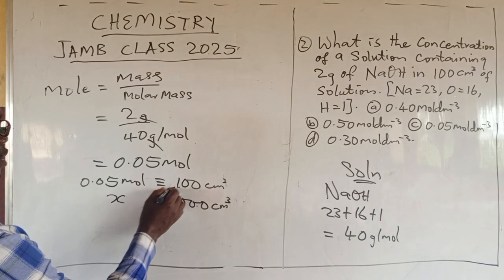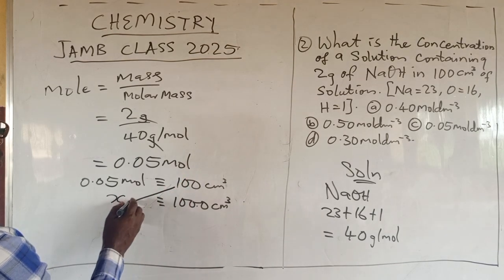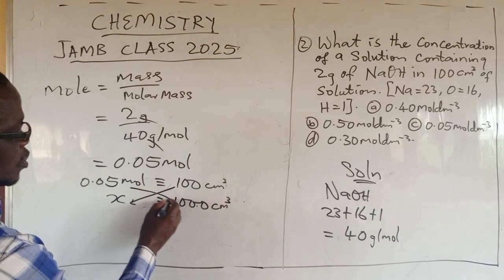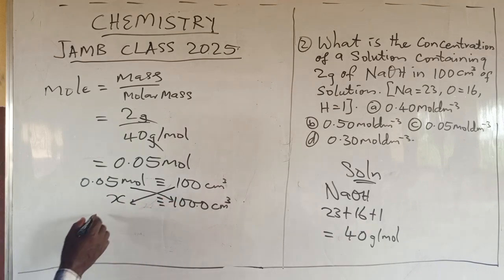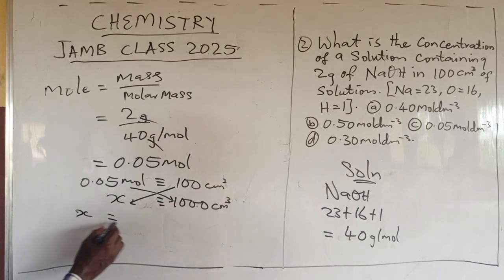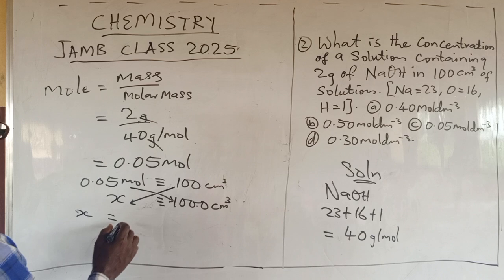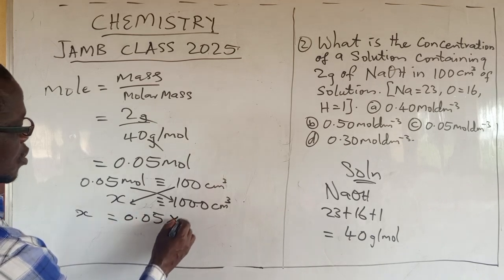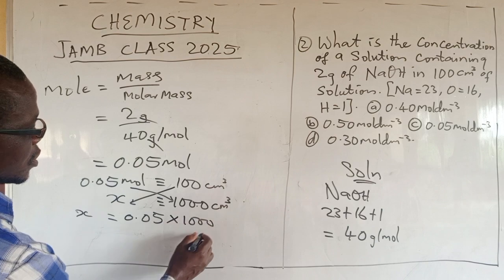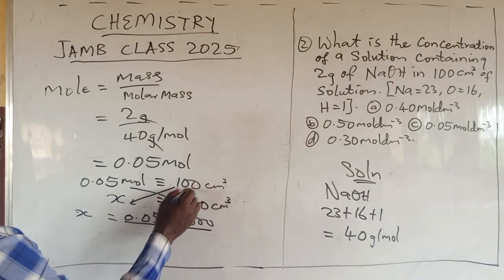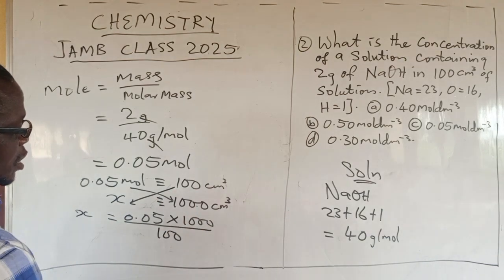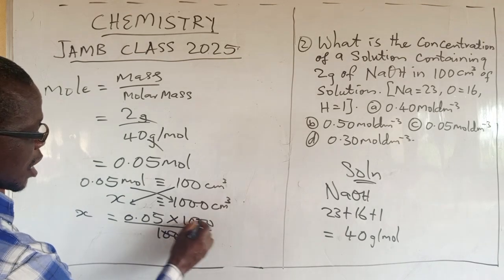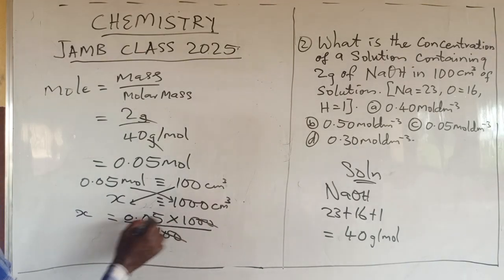Then cross multiply this to this, cross multiply this to this. That will now give you x equal to this times this, 0.05 times 1000 all over 100. These two can cancel out these two. 10 times this.